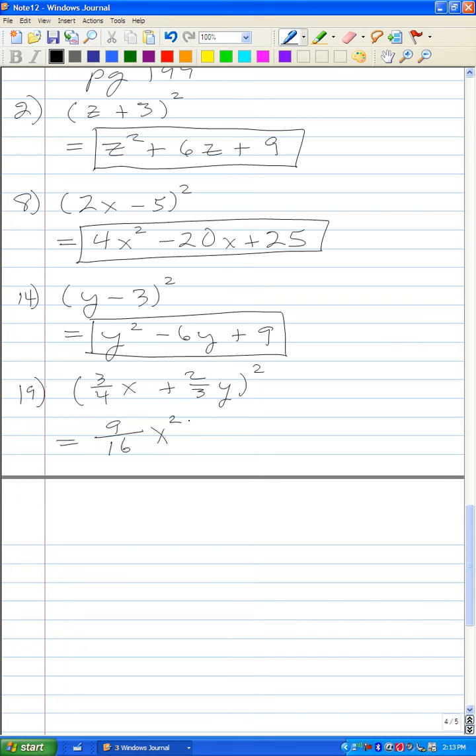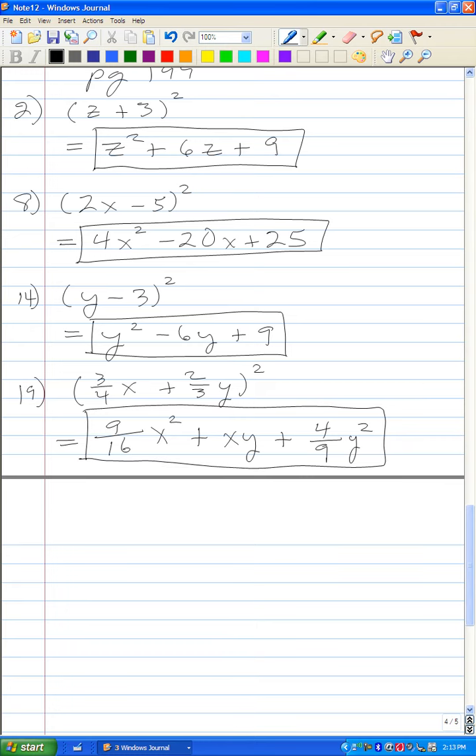X squared is x squared. 3/4 times 2/3, well, the 3's cancel, and 4 divided by 2 is 2. Times 2 gives you 1 times xy. Plus 2 squared is 4. 3 squared is 9. Y squared is y squared. And that is your answer.